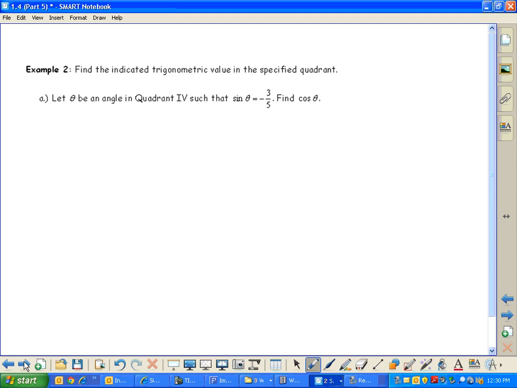So if you take a look at part A, what I have here is information that tells me my angle is in quadrant 4, and I'm given the sine value, and I'm asked to find cosine. What do you think, D? Which identity are you going to pick?